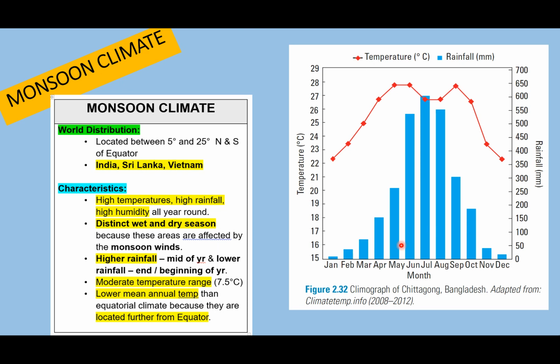Higher rainfall, middle part of the year, and lower rainfall, end and beginning of the year. Temperature range is moderate. Okay, maximum minus minimum. Temperature range is moderate, about 7.5 degrees Celsius. Lower mean annual temperature than equatorial climate because they are located further from the equator.